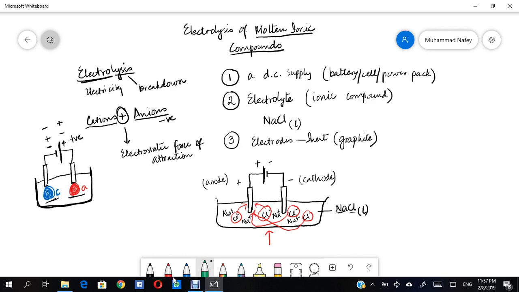Likewise, all the positive ions will start moving towards the cathode.